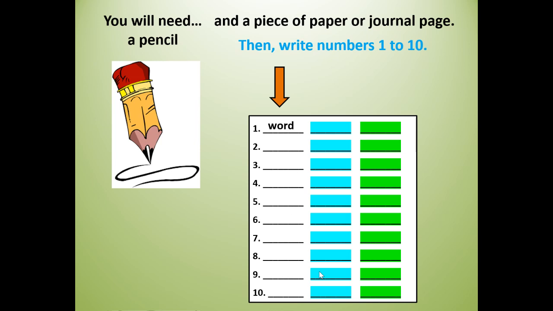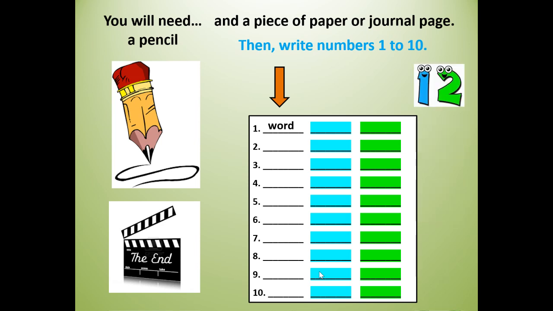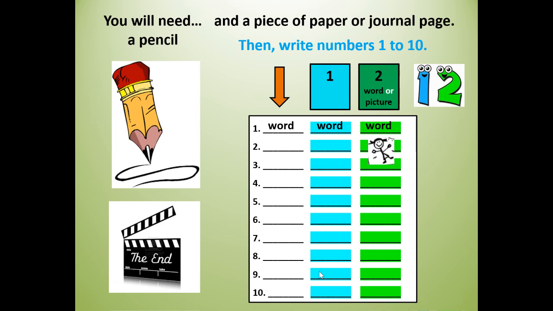Because you are going to write a vocabulary word or sight word for each of the numbers 1 to 10. And then at the end of the lesson, my challenge to you is to write your words up to 2 more times, where in the first column, you can write the word again, and in the second column, you can write the word or draw a quick picture or sketch to help you remember the word.